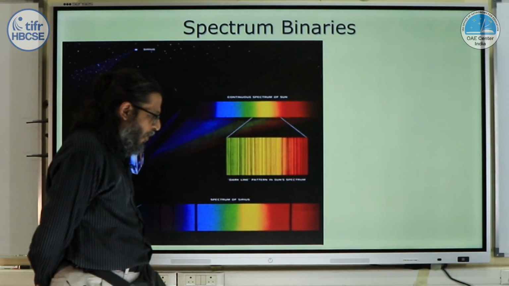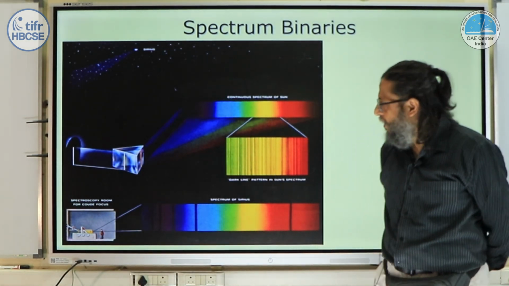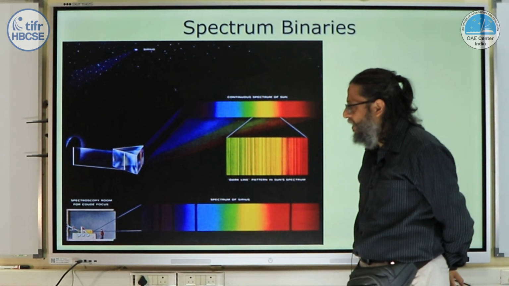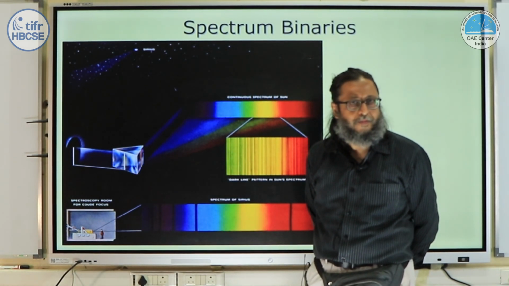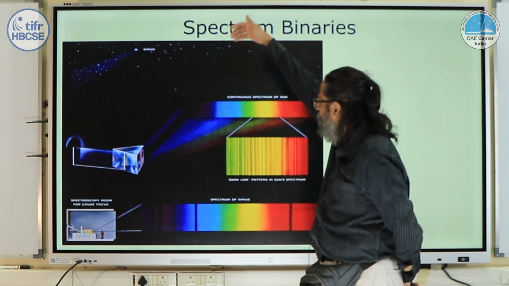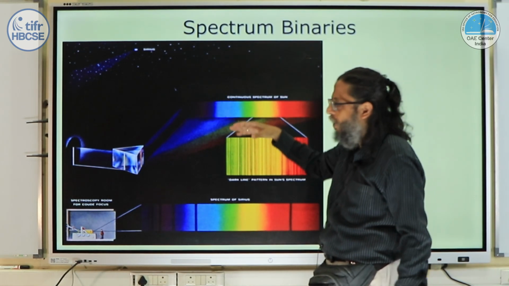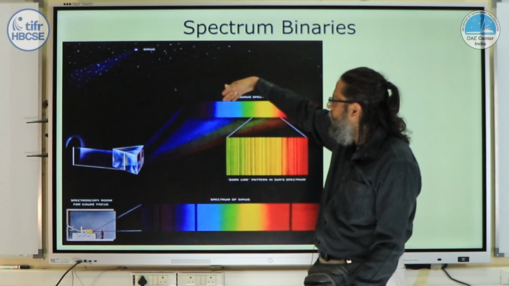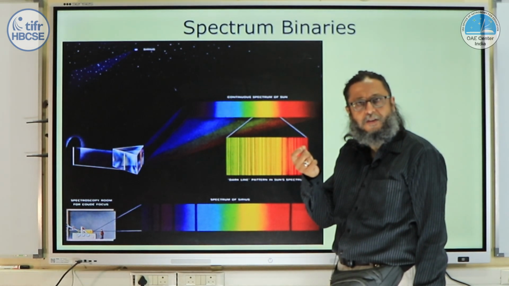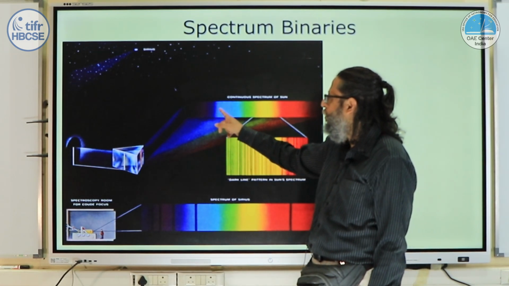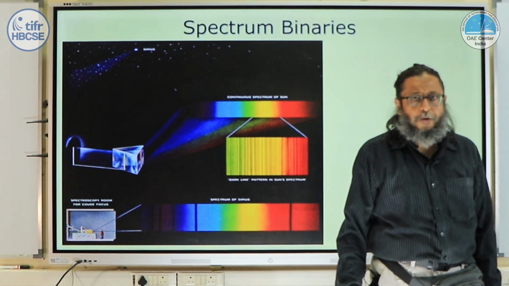Now, all of you understand what a spectrum is, right? If you take the sunlight and pass it through a prism, you see that the white light is split into different colors, and all these colors correspond to a particular wavelength.